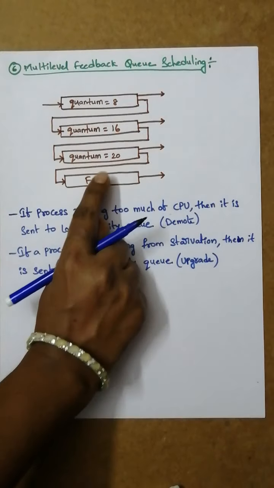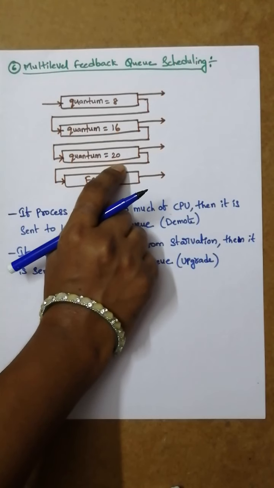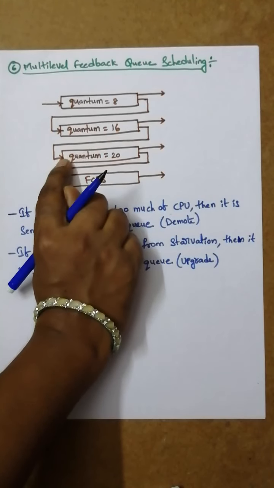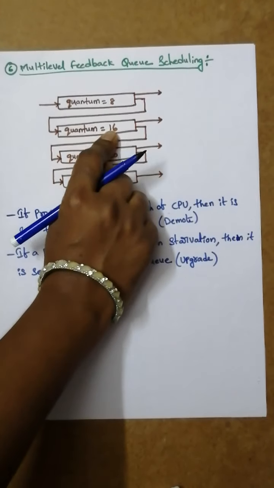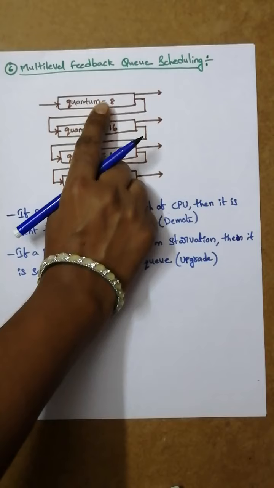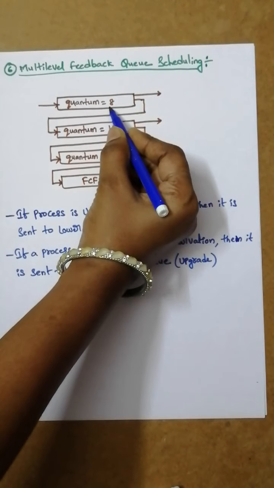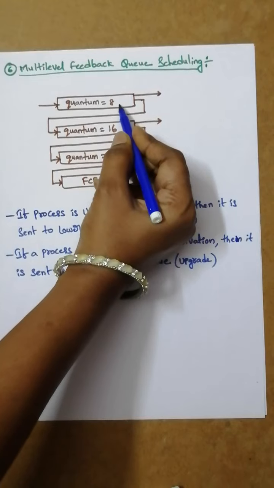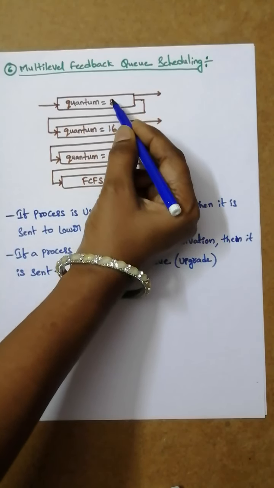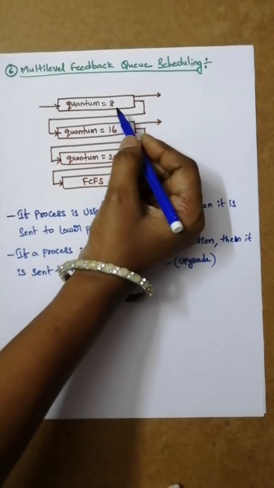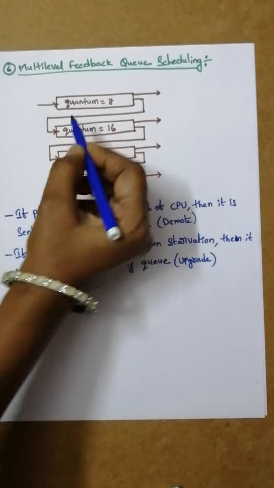Higher priority processes are given a time quantum of 20, meaning each process in this queue will get the CPU for 20 milliseconds, whereas here it is 16, and the lower priority will get only 8. If it is able to complete within 8 milliseconds, it will exit. Otherwise, if it is not able to complete in 8 milliseconds and is still waiting to get the CPU for a long period of time, then it is sent to the higher priority.